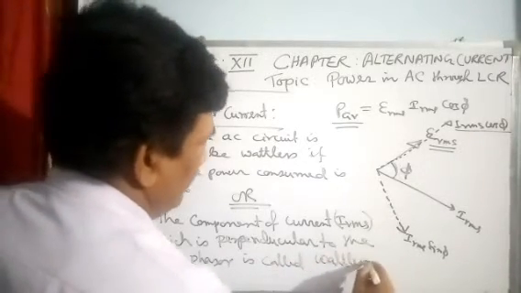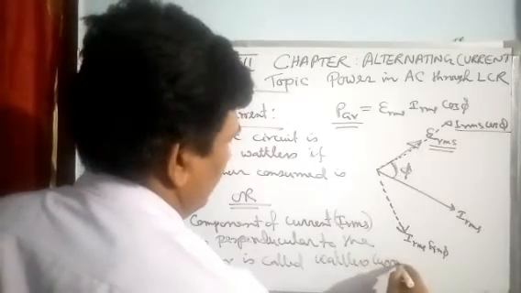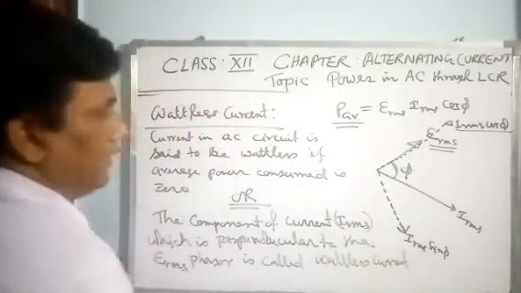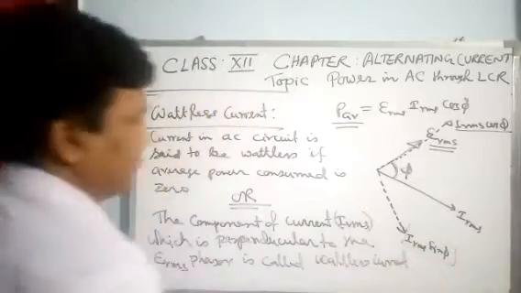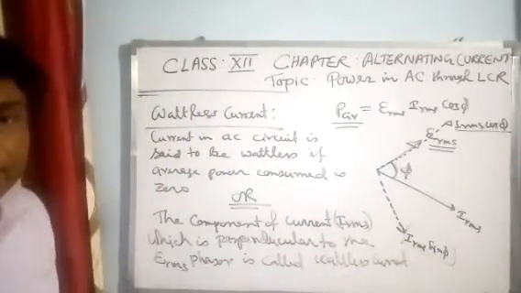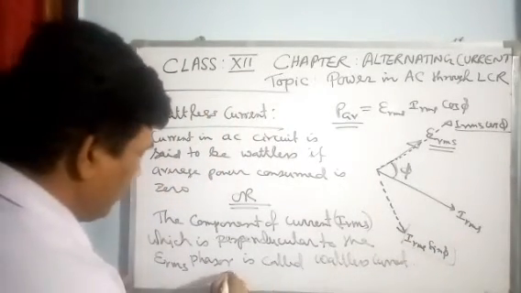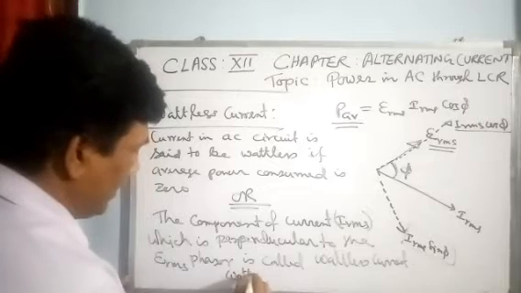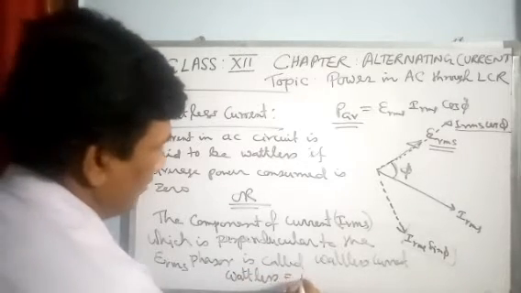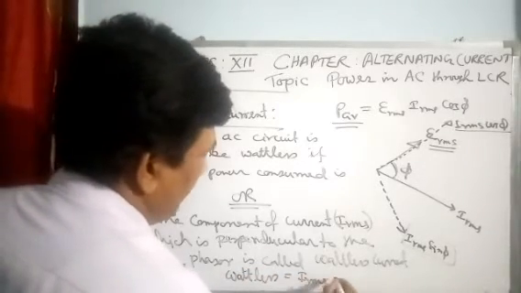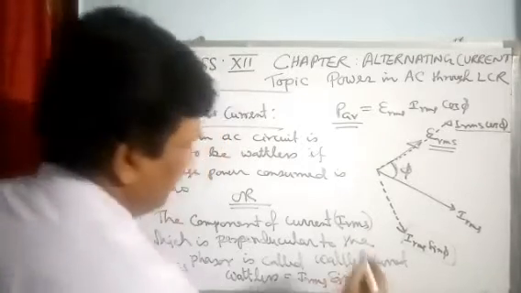That is, wattless current equal to IRMS sin phi. You can write it also, no problem. Wattless current equal to IRMS sin phi.